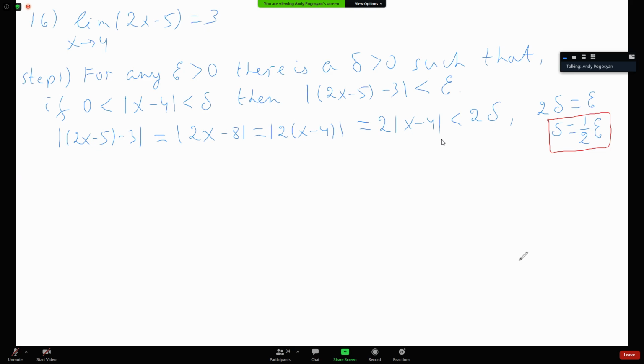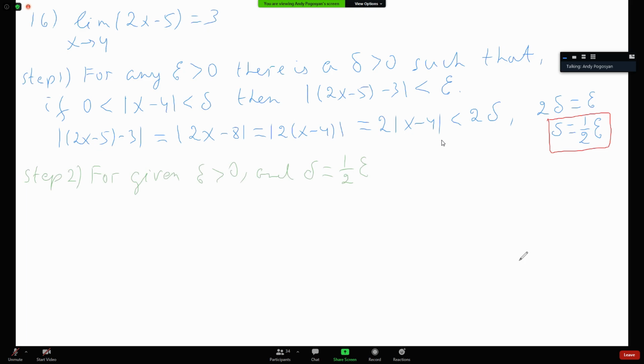No. Now step 2, it's just writing, but for given epsilon. We have a question now. Yeah, so where did the 2 delta come from? x minus 4, you have it.